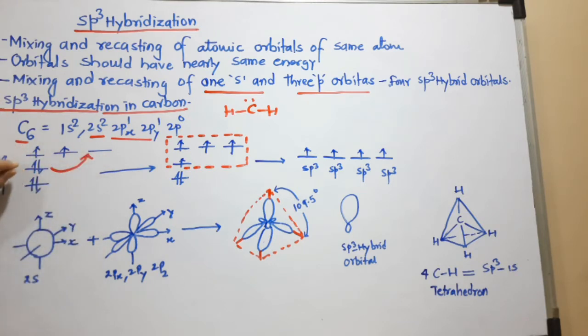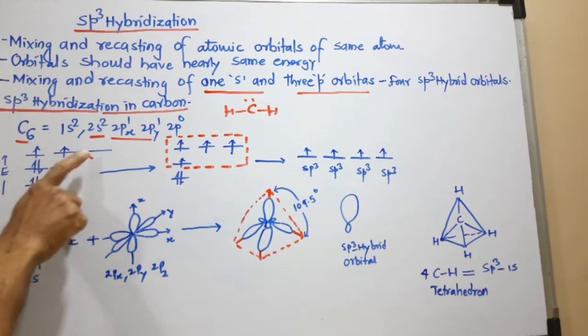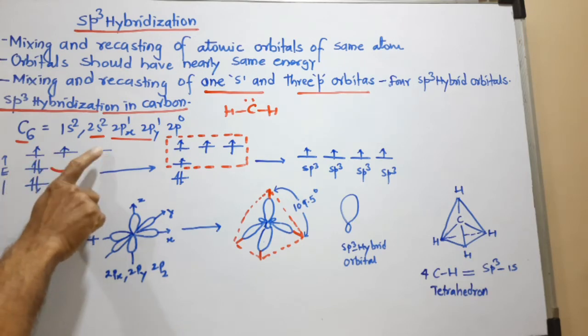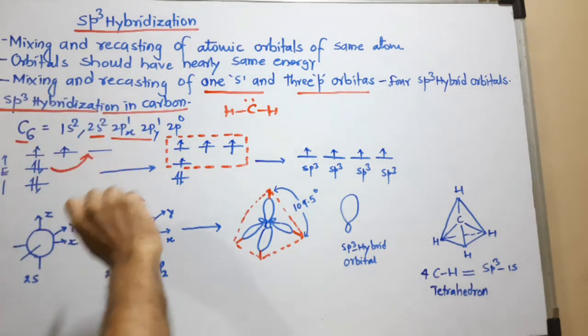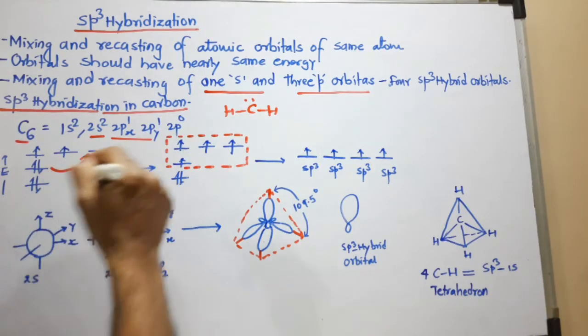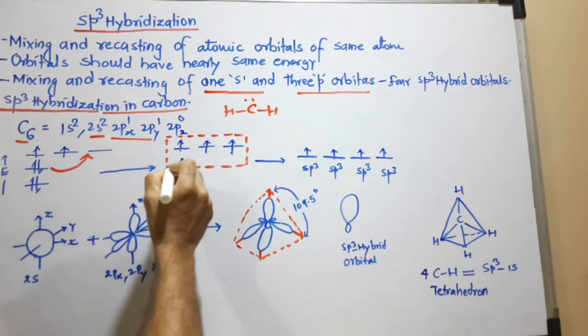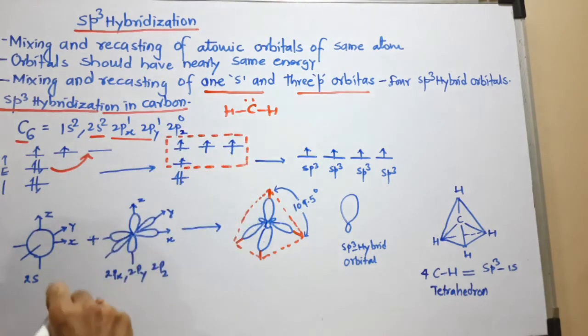But you can see here the energy of the 2s orbital and the 2p orbitals are nearly the same, so there is very little difference. Now what happens in carbon? One electron is excited from the 2s orbital to the empty 2px, 2py or 2pz orbital. So this is called the ground state electronic configuration and this is called the excited state electronic configuration.